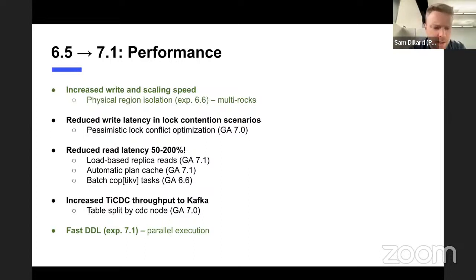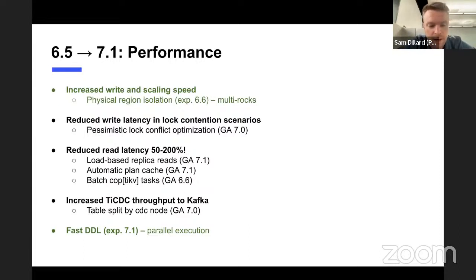We added an automatic plan cache. I don't know if you're familiar with TiDB necessarily. You probably are to some degree if you're here, but we've had for years a prepared plan cache, which means that with prepared statements, their plans can be cached so that the query optimizer doesn't have to figure out that plan every single time the query comes through, which drastically speeds up performance in a lot of cases.